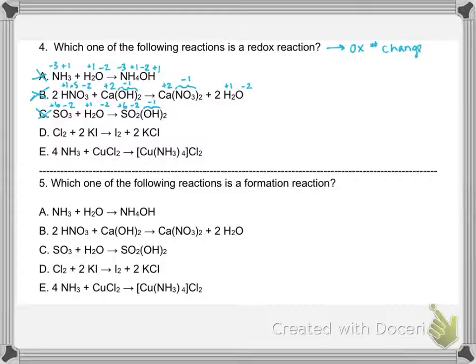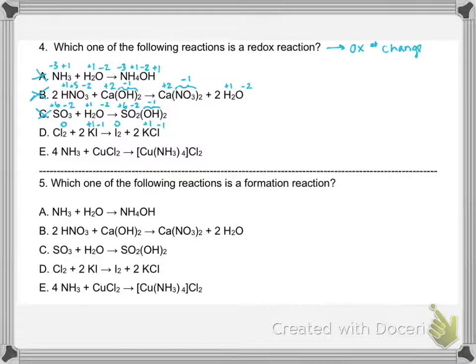Okay, here we have chlorine on its own, so it's just going to be 0. Potassium is an alkali metal, so we'll assign that first. We get +1, so the iodine is going to have to be -1. Here the iodine is going to be 0. Potassium again is going to be +1, so the chlorine is going to have to be -1.